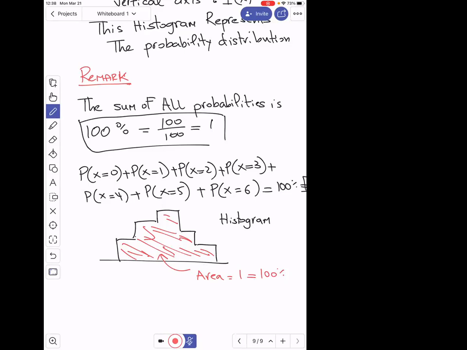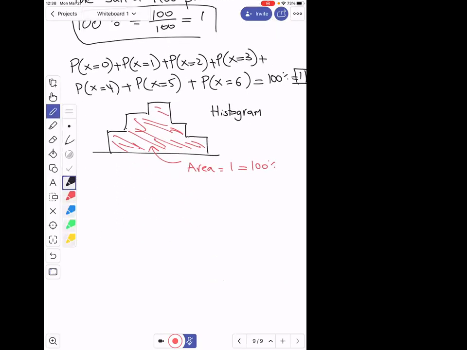But let's do an exercise first, okay? So let's do an exercise from the textbook, I guess. So this is an exercise from the textbook.